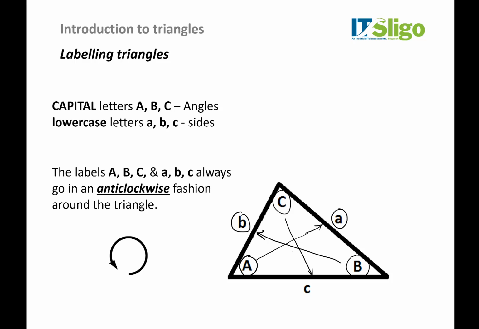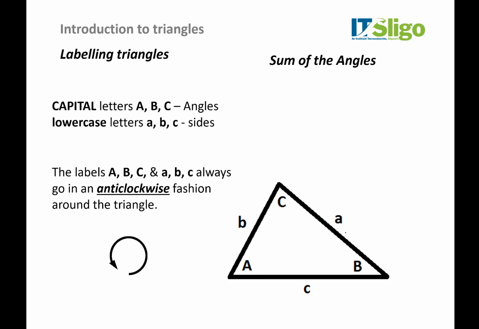So for this reason, sides and angles are often called side angle pairs, because the bigger the angle A is, the bigger side a is. There's a direct relationship between the two. That's why they're linked. The sum of the angles, A plus B plus C, inside a triangle is always 180 degrees.